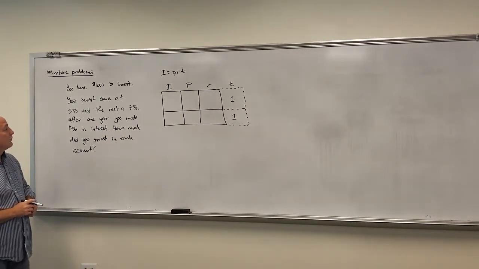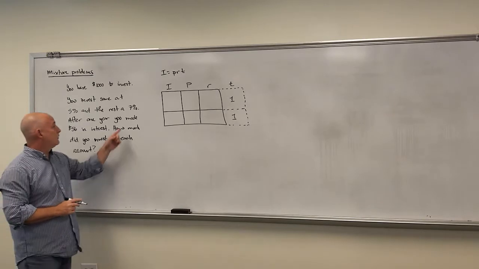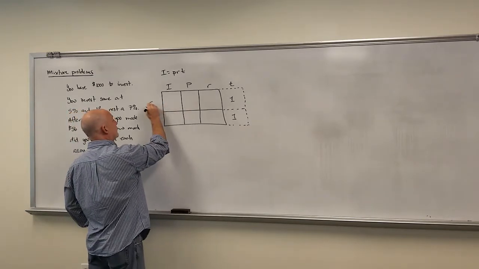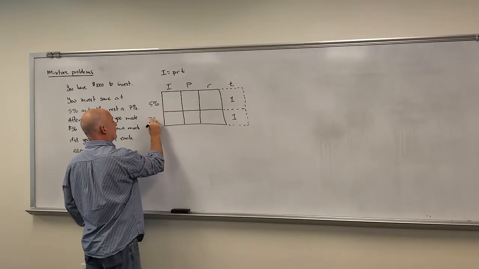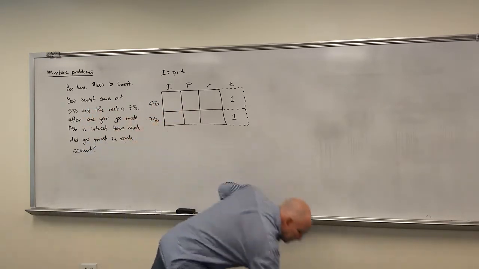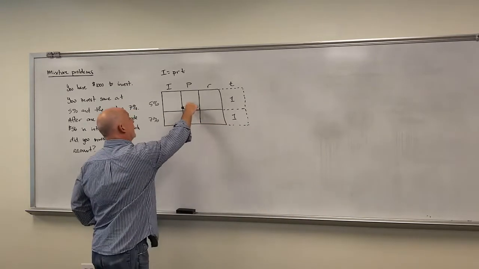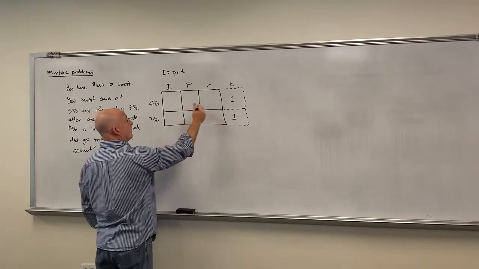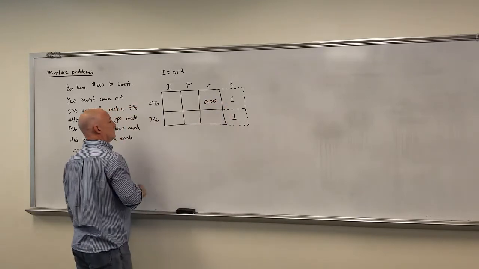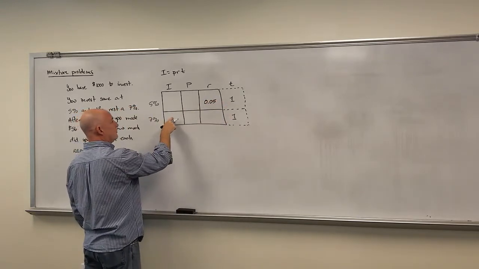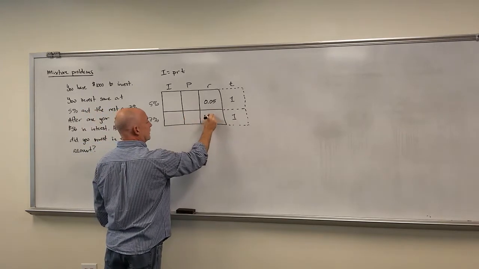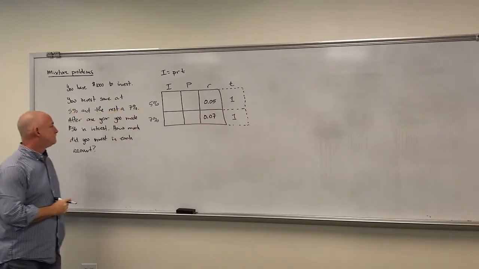Okay, so let's go. For one account, I don't know how much, let's start with the 5%. I don't know how much interest I made at the 5%. Let's just go ahead and label these 5%, 7%. I don't know how much I invested at 5%, but I know the interest rate is 5% and the time was 1 year. Same thing for the 7%. Don't know the interest, don't know the principal, how much I invested, but the interest rate is 7%.